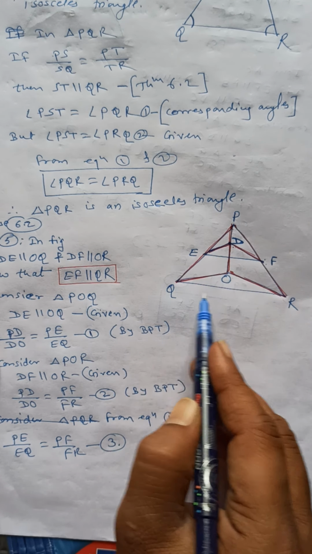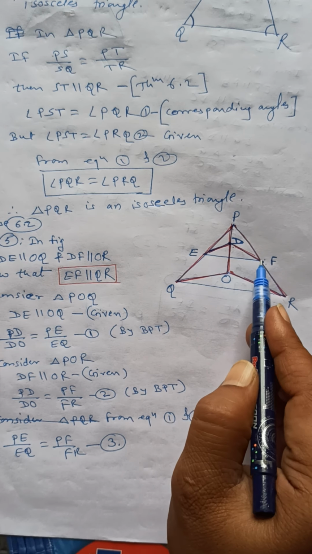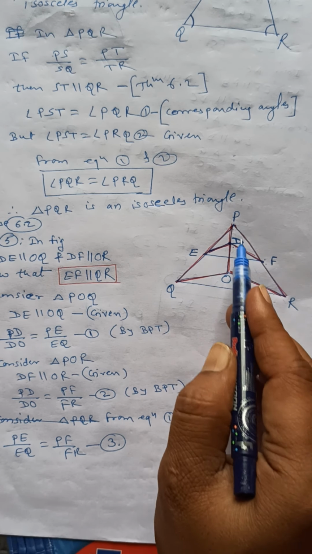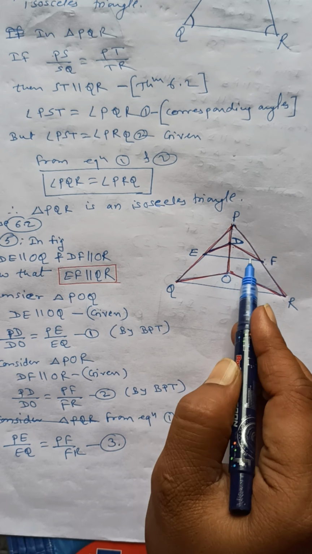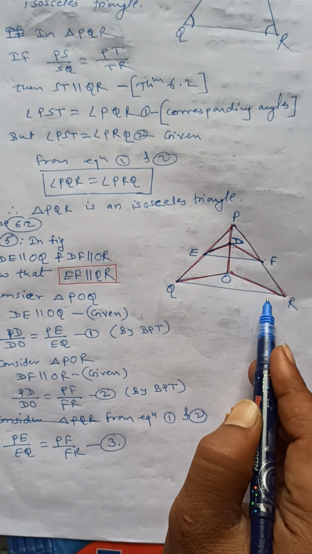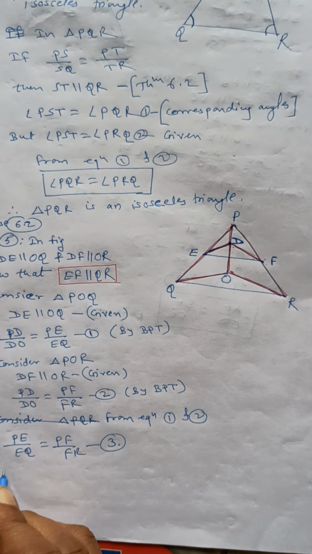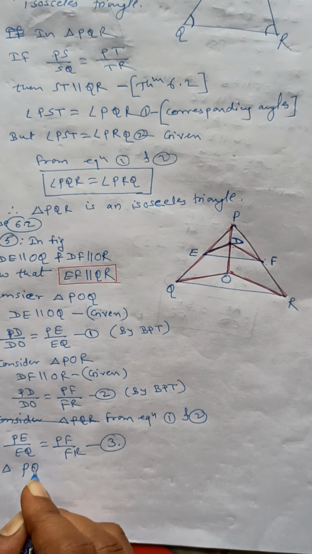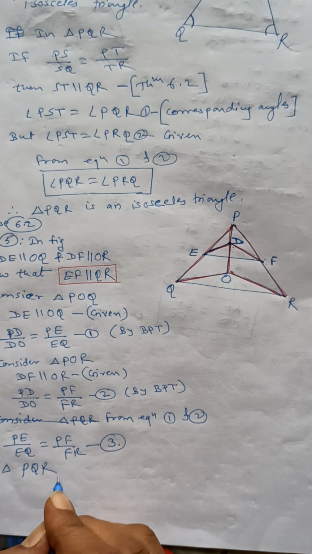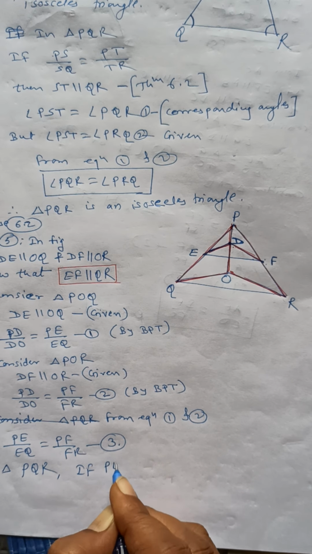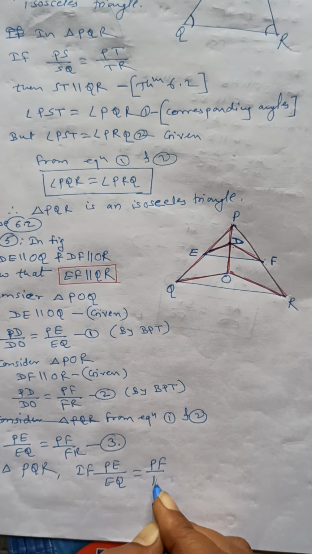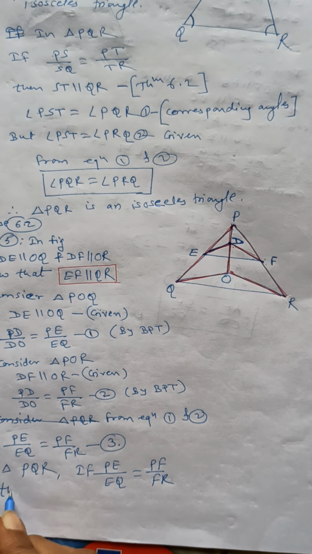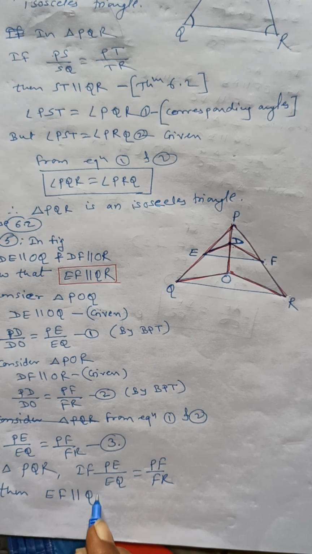So in triangle PQR, if a line divides two sides in the same ratio, then that line is parallel to the third side of the triangle. So in triangle PQR, if PE upon EQ is equal to PF upon FR, then we can say that EF is parallel with QR.